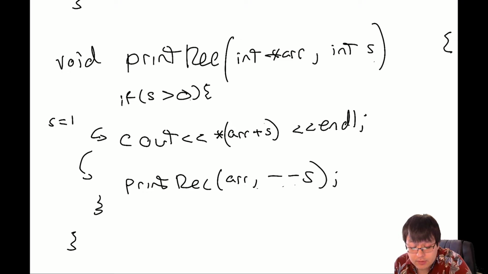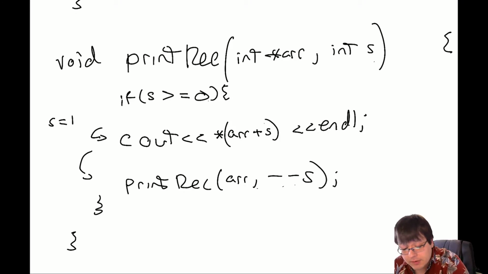Technically we're not going to print out spot 0 as it is now, so I guess we've got to make this greater than or equal to 0. There we go. Now it gets to spot 0, prints out spot 0 as it should, and then makes one extra recursive call to spot -1. That will not go in the if statement and comes out of that.